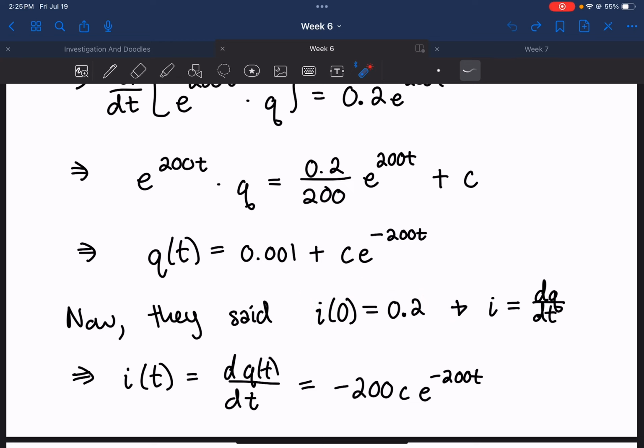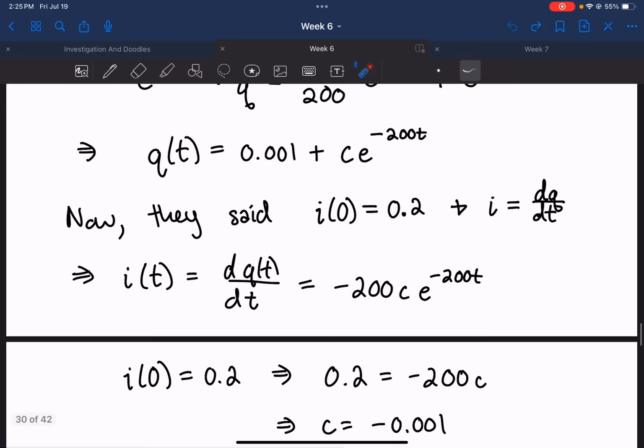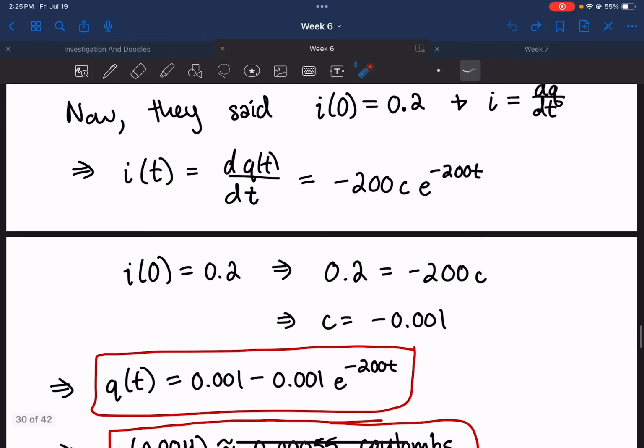And we know that I is the derivative of q with respect to t, which means I equals dq/dt, which equals negative 200 c e to the negative 200t. Since we know I(0) equals 0.2, that means 0.2 equals negative 200 c, because the exponential term goes to 1, which means c equals negative 0.001.